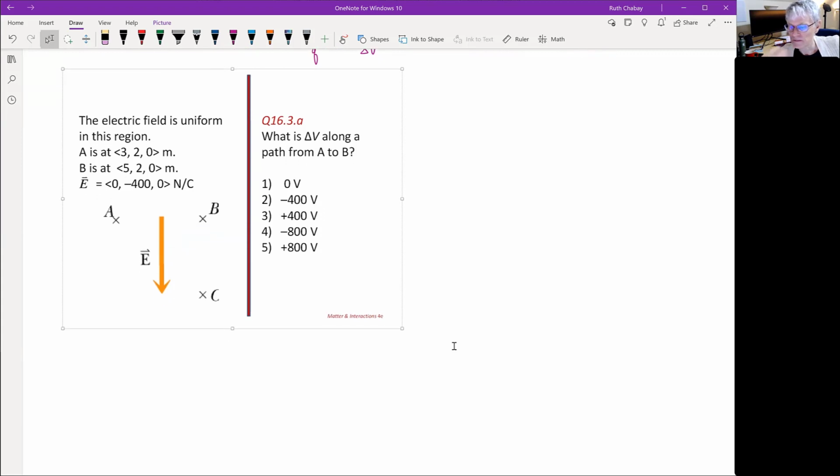Remember that delta V equals minus E dot delta L.